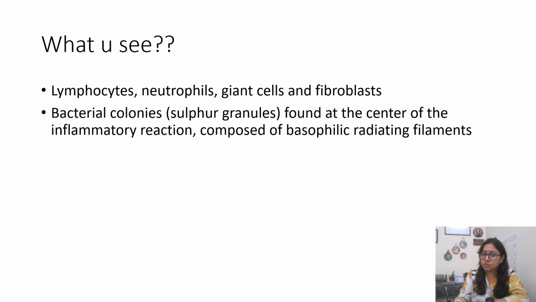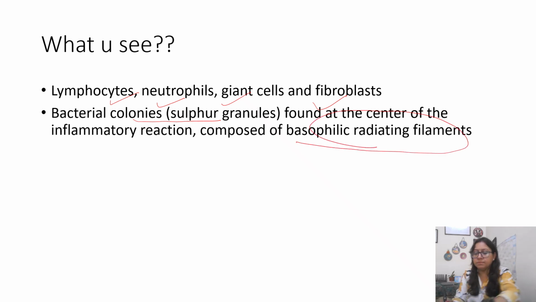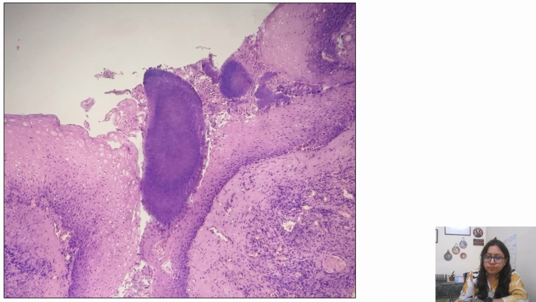And because of the reaction in the periphery, you will see lymphocytes, neutrophils, giant cells and fibroblasts. The bacterial colony, that is the sulfur granules found at the center, is composed of basophilic radiating filaments. Now just see, this is a section from a tonsil.